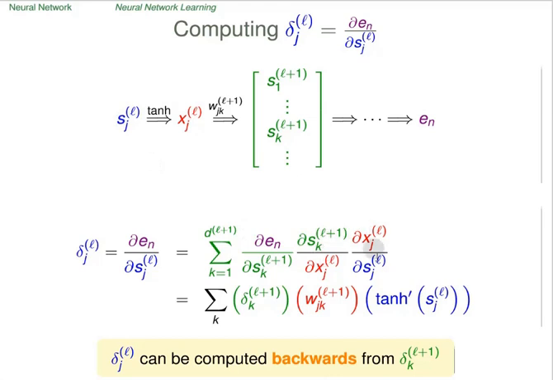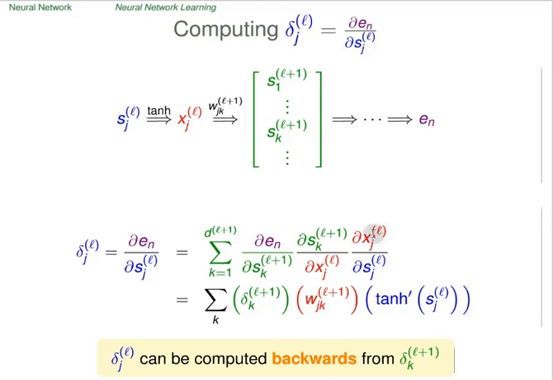These are three components. If we simplify, the first one is delta at L plus 1 layer. The second one, the partial of S at L plus 1 with respect to X at L, gives the weight at L plus 1.